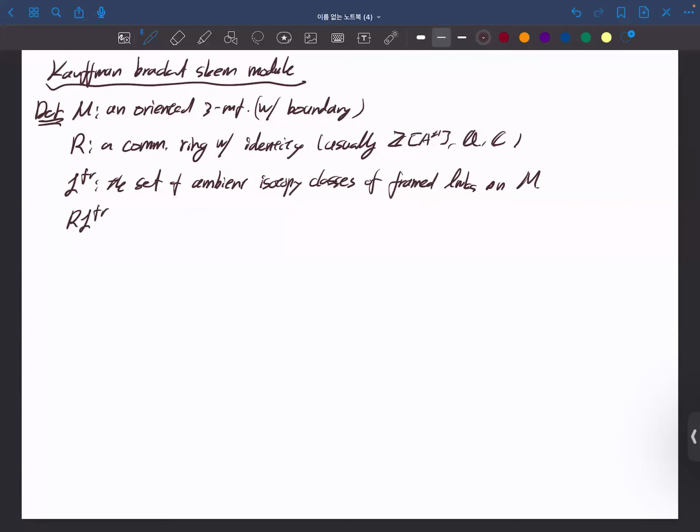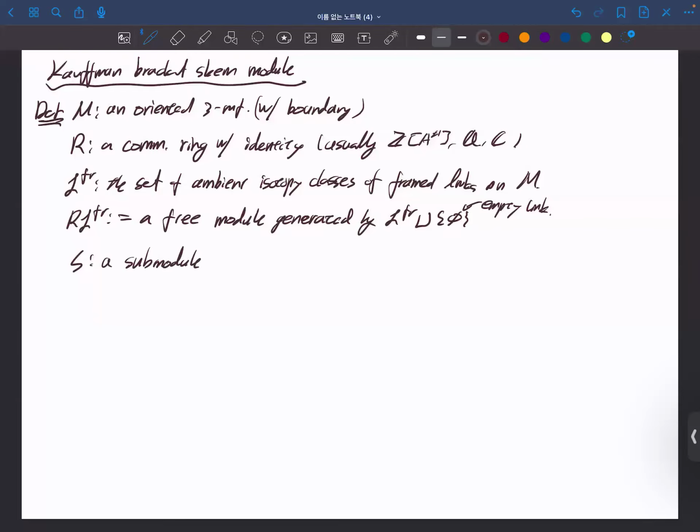And now, instead of a vector space, we consider a module generated by L_fr with the empty link. And now let's say S is a submodule of R L_fr generated by the following equalities.